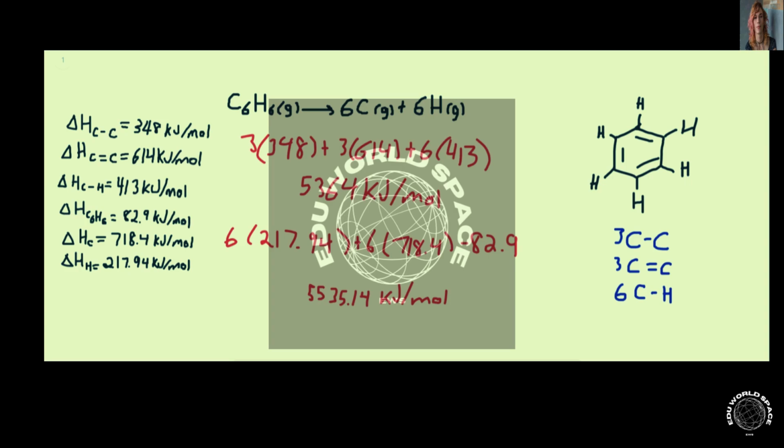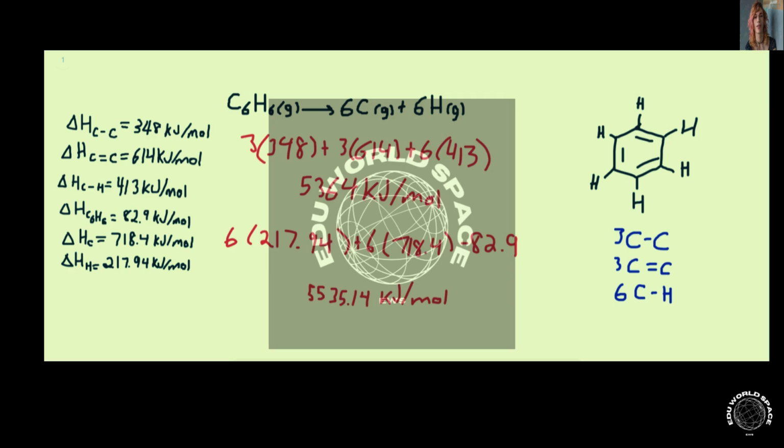So you can see that our enthalpy for the atomization based on Hess's law, based on delta H formation, is a bit different than what we see for our bond enthalpy here.